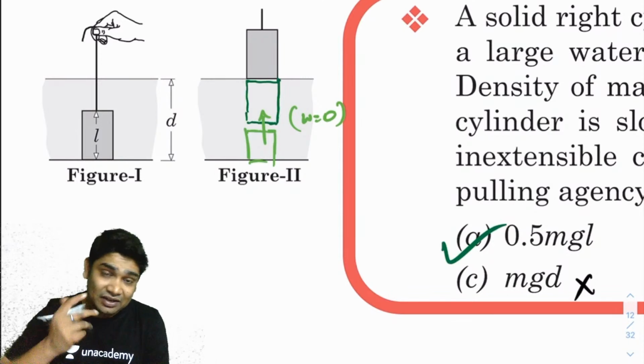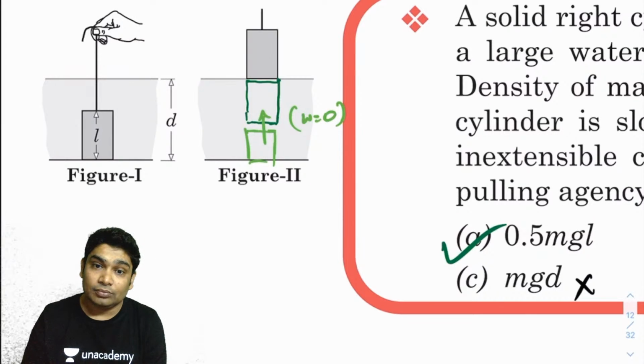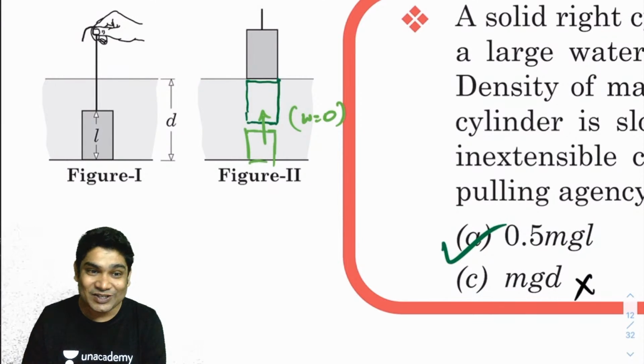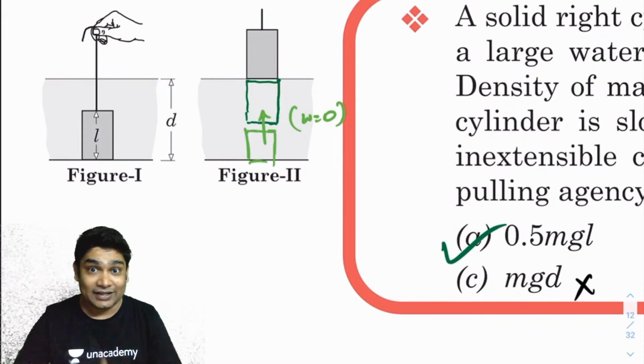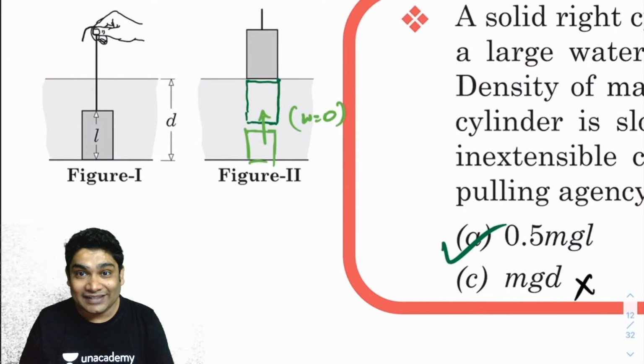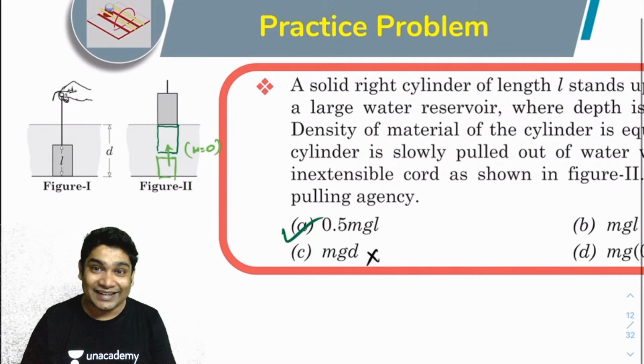Because there is no net force which is pulling the cylinder down. Yes, I saw that. So how are you getting that answer? That's my next question, of course. You can't simply just write an answer without thinking about it or without explaining it.